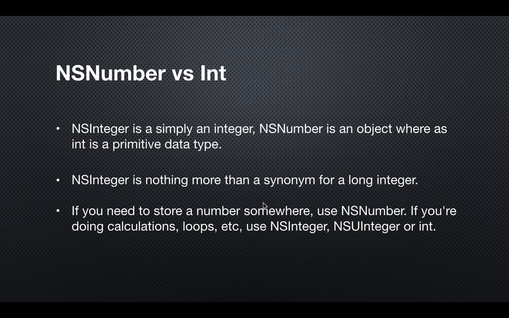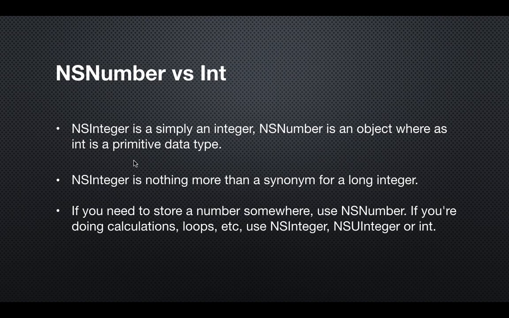It's just that for long integer you will be using NSInteger, and int you can use as well. So it depends on whether you're using 64-bit or 32-bit. The size of the int or any integer depends on the architecture, whether you are using 32-bit or 64-bit.